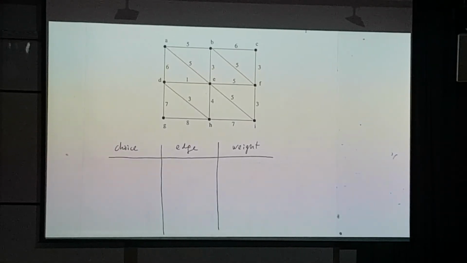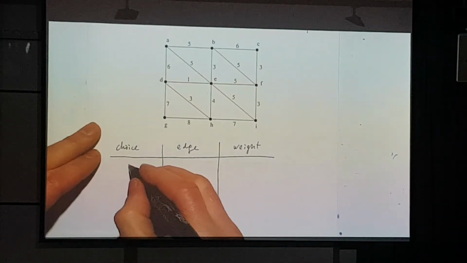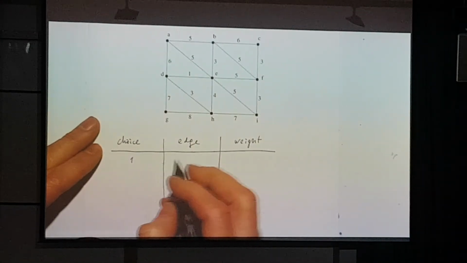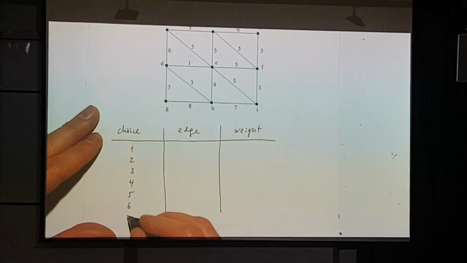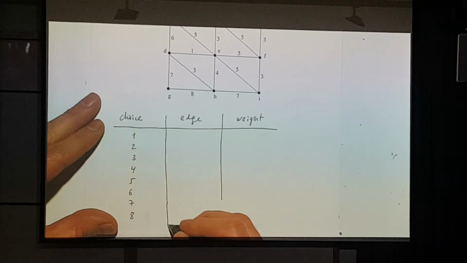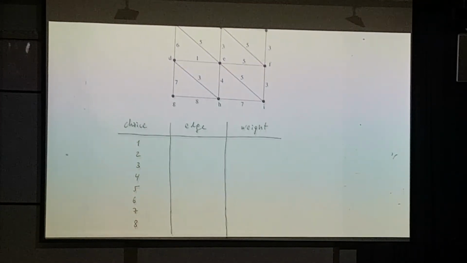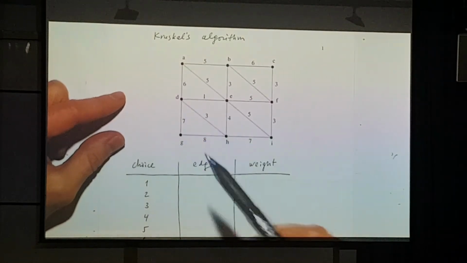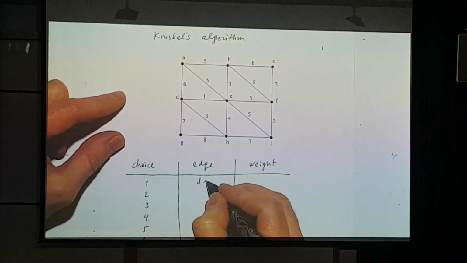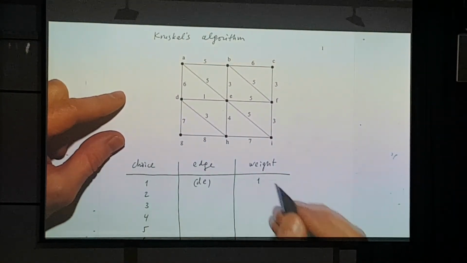Since it's the same graph, there have to be 8 edges chosen. We start out with the minimal weight available, which is DE, as before, weight 1.